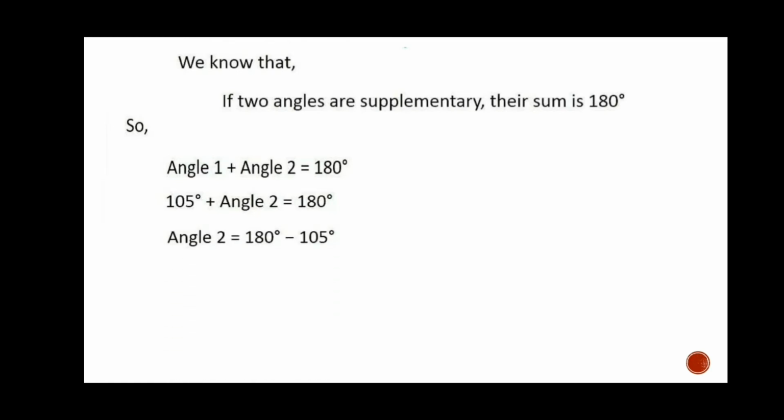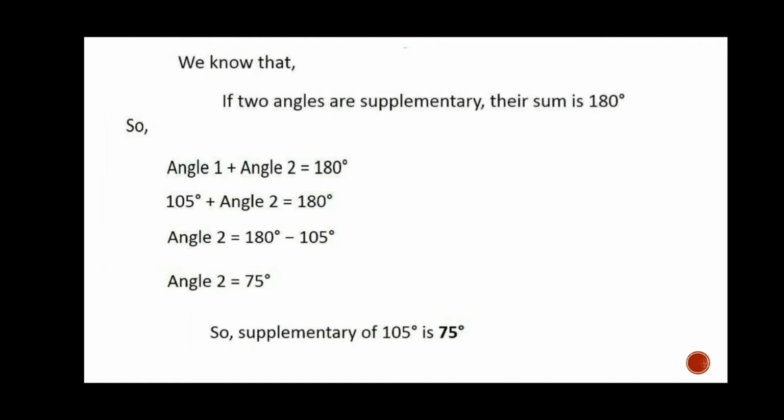And angle 2 will be equal to 180 minus 105 degree. So here 105 degree will come to this side and it will become minus. Then angle 2 will be equal to 75 degree. When we subtract, you will get 75 degree. So the supplementary angle of 105 degree is 75 degree.